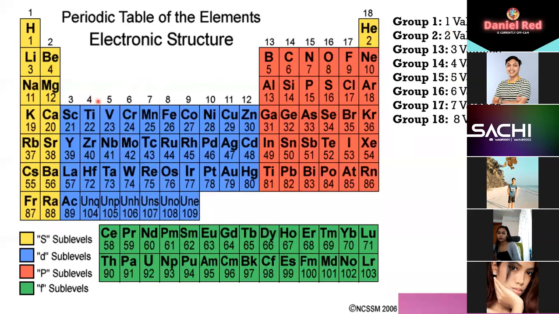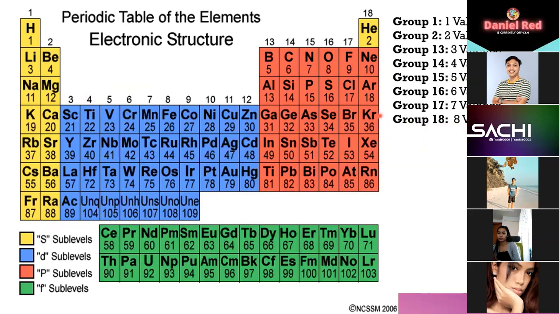We will skip the middle groups from 3 to 12, then jump to groups 13 to 18. Group 13 has 3 valence electrons. Group 14 has 4, group 15 has 5, group 16 has 6, group 17 has 7, and group 18 has 8 valence electrons.